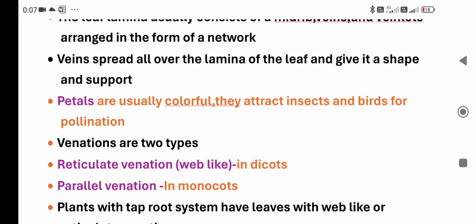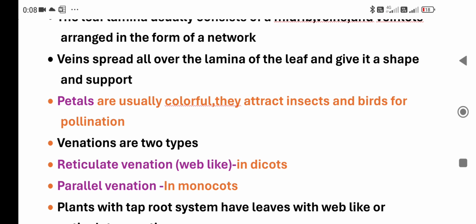Just like in human beings, there is a bone system, and if there were no bone system, we would not have any particular structure. Just like amoeba, a unicellular organism, which has no particular bone or structural system. That's why it changes its shape according to the situation.